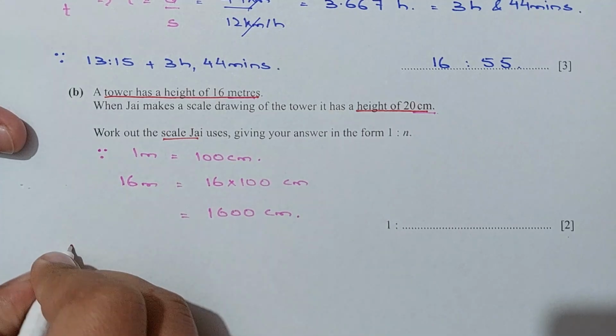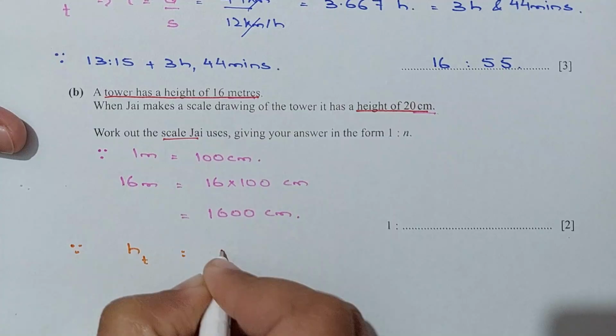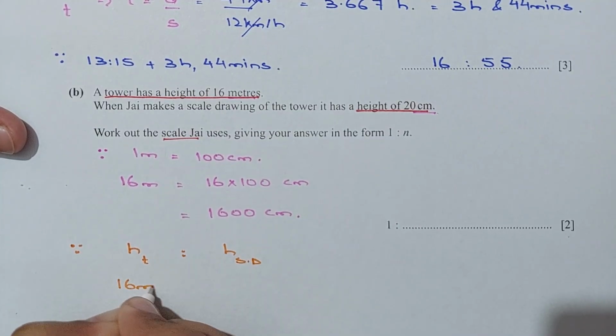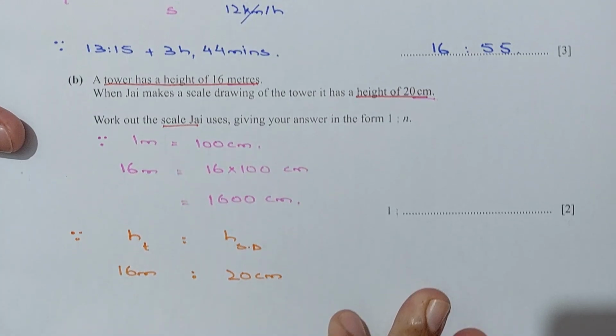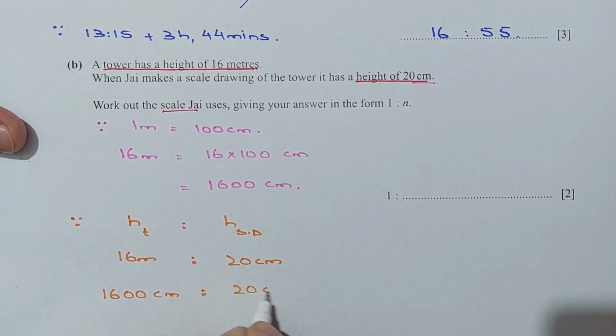According to the scale drawing, we can say the height of the tower to the height of the scale drawing. The tower height is 16 meters and the scale drawing height is 20 centimeters. 16 meters is 1600 centimeters and this is 20 centimeters.